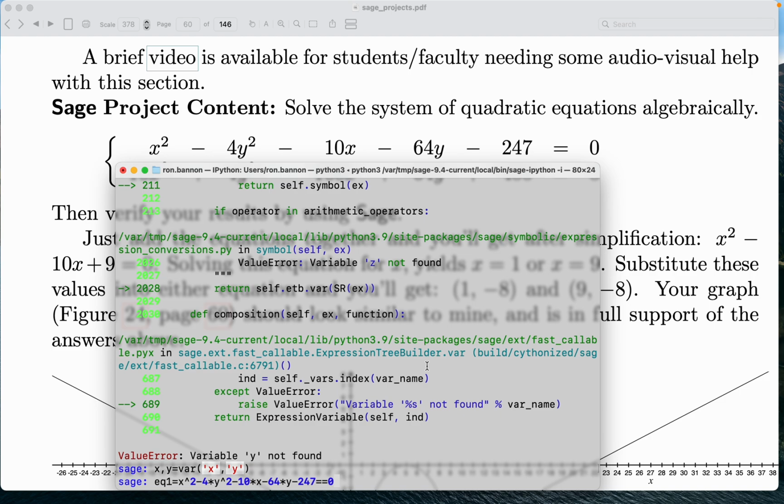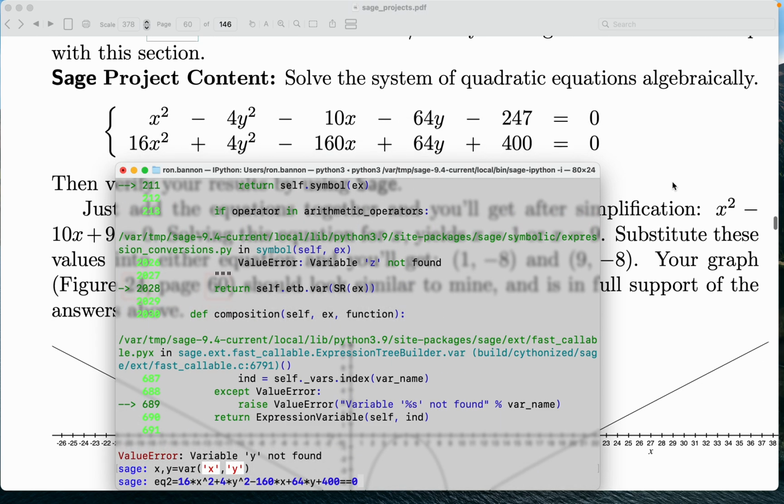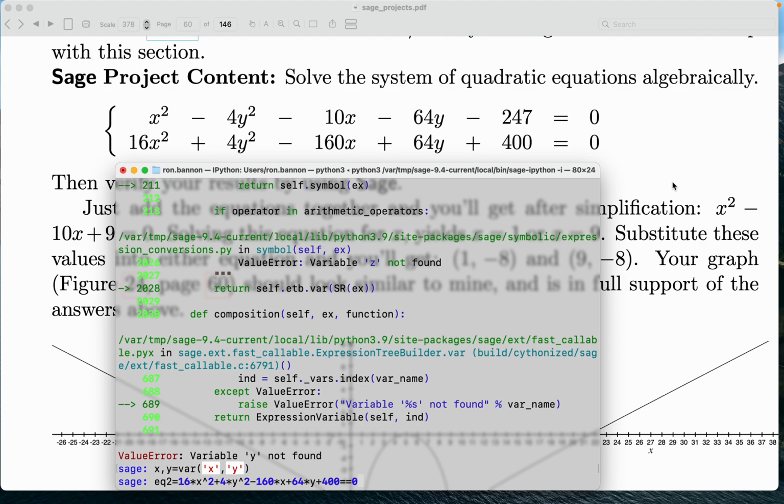Let me see if I did equation 2 right. I'm just using my up arrow to look back over my code, by the way. Well, I went too far there, didn't I? Let's do equation 2 now. 16x squared, plus 4y squared, minus 160x, plus 64y plus 400. Yeah, I think I did okay.